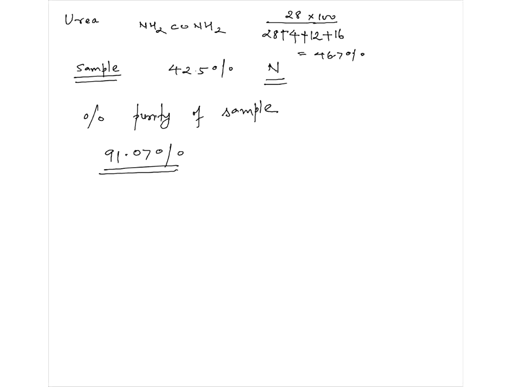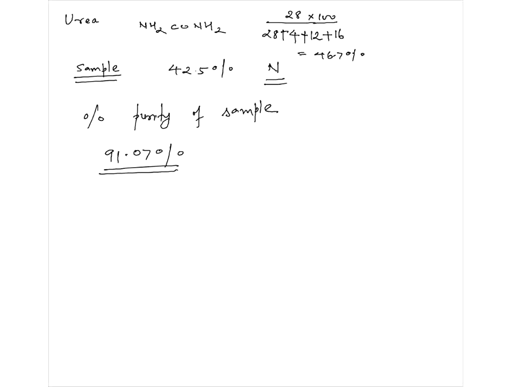Normally when we say 42.5% nitrogen or 60% iron, whatever, then these things are on mass basis. Generally they are on mass basis, gram, for example. Then what is the percentage purity of the urea sample itself?